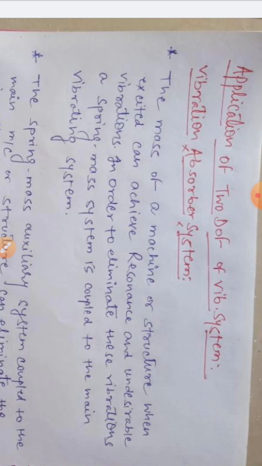will vibrate and there is a need to absorb the vibration. So we are attaching a mass spring system, or what is called an auxiliary system, which is attached to the main system for absorbing the vibration.